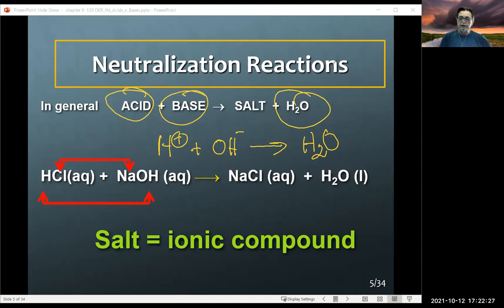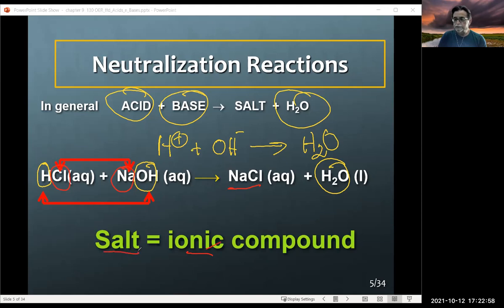And let me break it down further so you can see what's happening here. Here's the proton from the acid reacting with the hydroxide from the base to give you water, H2O. Okay. The cation of the base then combines with the anion of the acid to form sodium chloride, an ionic compound.